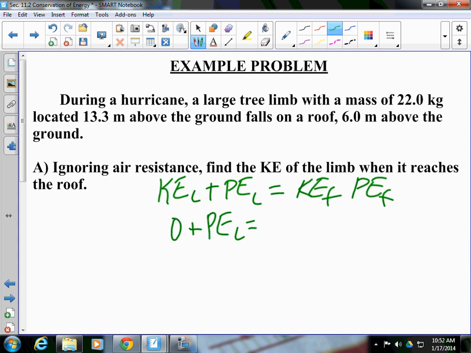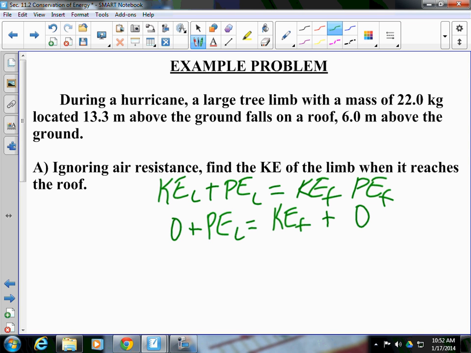This is equal to, once the limb falls and it's a split second before it hits the roof, it has converted all its potential into kinetic. Right before it lands on the roof, do we have any potential energy? No. So what we're left with here is our initial potential energy is equal to our final kinetic.